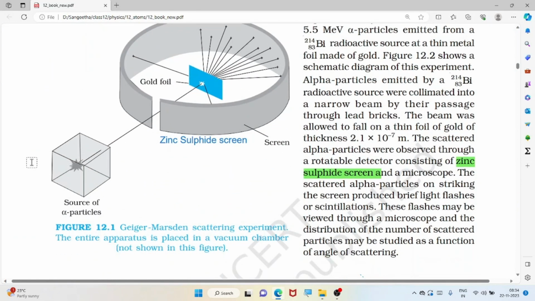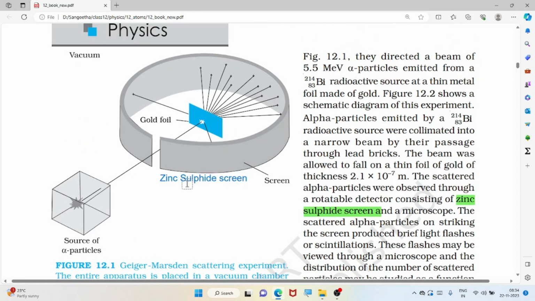This is the alpha particle scattering experiment. This is the zinc sulfide screen, this is the gold foil, and the alpha particle is passed through a narrow hole and strikes the gold foil. Some particles get scattered at different angles.